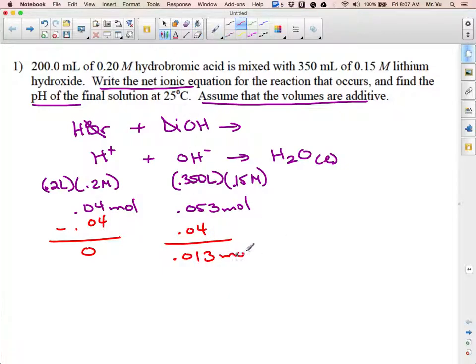Now, this is moles, isn't it? Yeah. Okay, but remember, the pOH is equal to the negative log of the concentration of the OH-. Well, this is not a concentration. This is just moles. So I have to change this into concentration. To change that to concentration, I have to take 0.013 moles and divide it by the volume that is there.